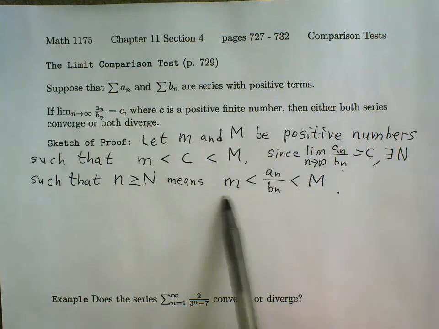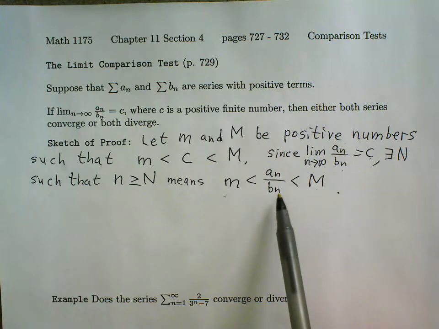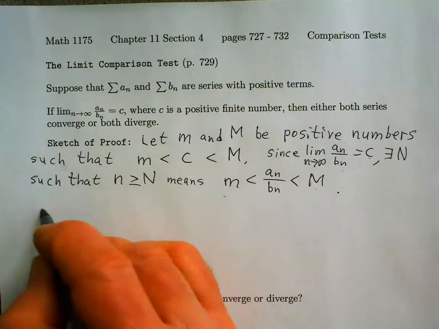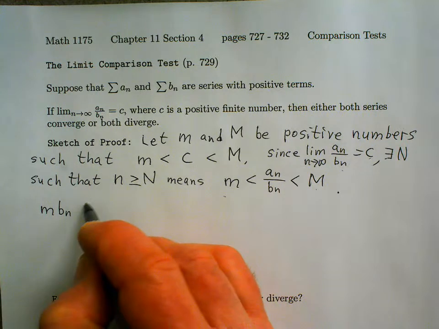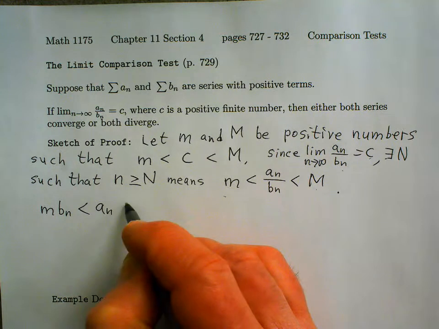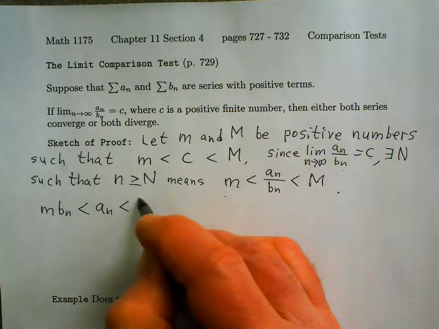If we multiply all three parts by b sub n, then we have m times b sub n is less than a sub n, which is less than capital M times b sub n.